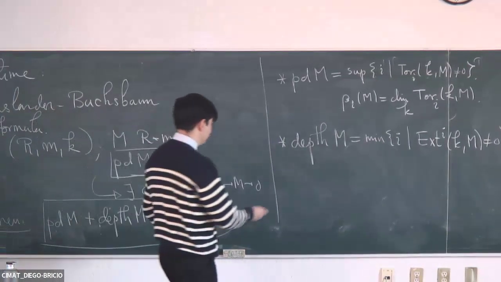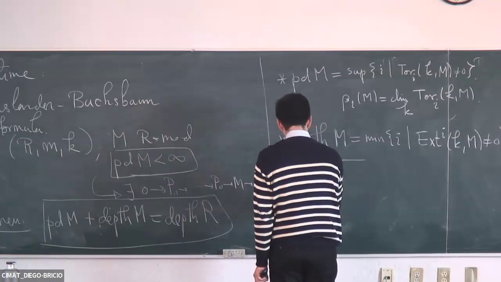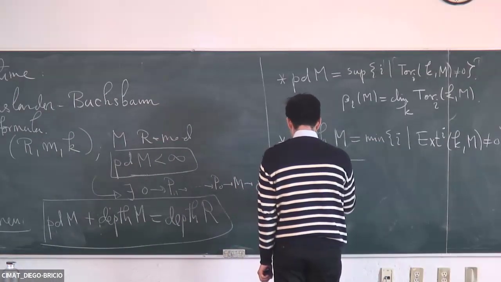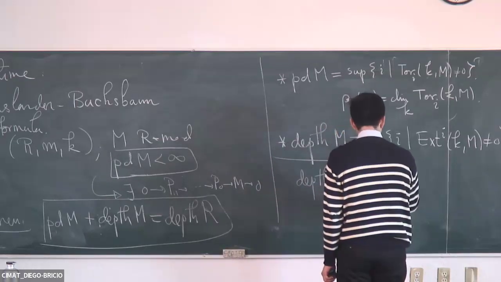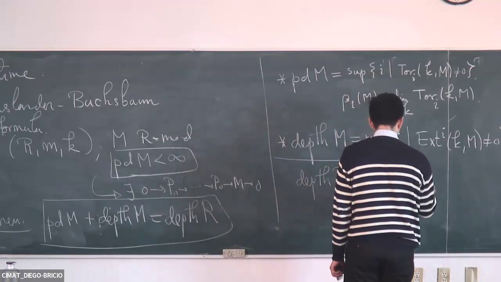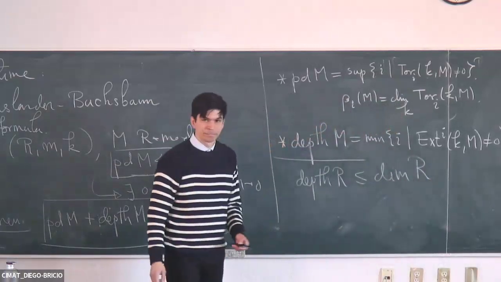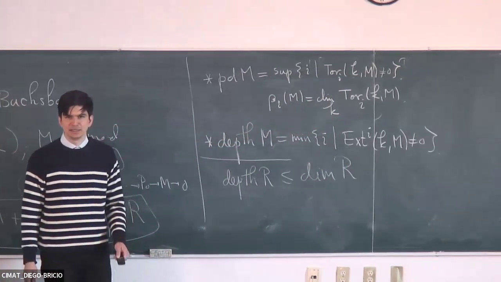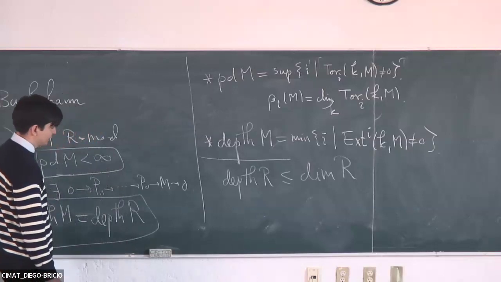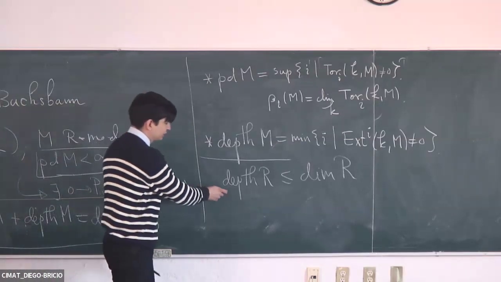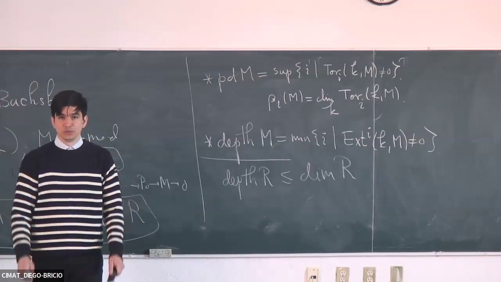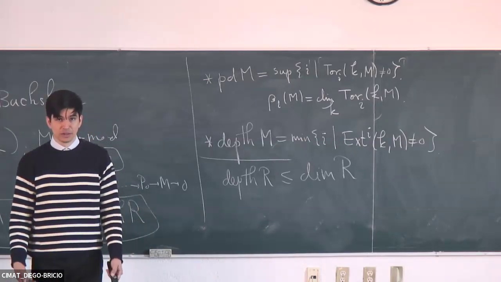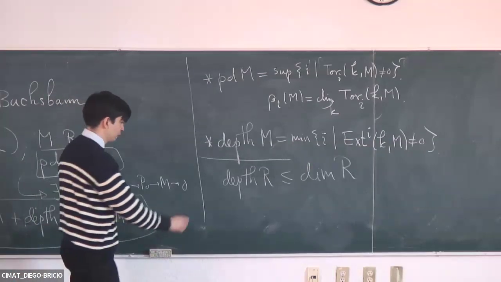The other thing I mentioned the other day is that the depth of the ring is always less than or equal to the dimension of the ring. I added this as a little exercise in the notes in case you haven't seen this, but the reason is that a regular sequence can always be extended to a system of parameters of that local ring, and therefore you have this.